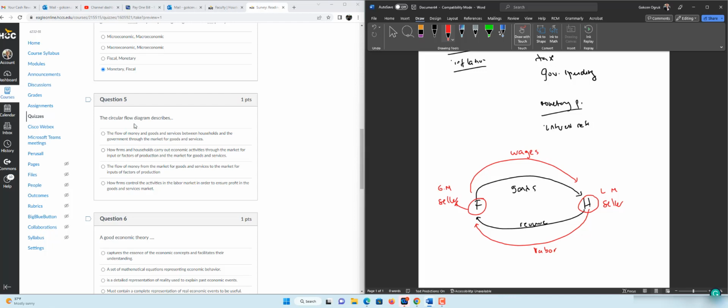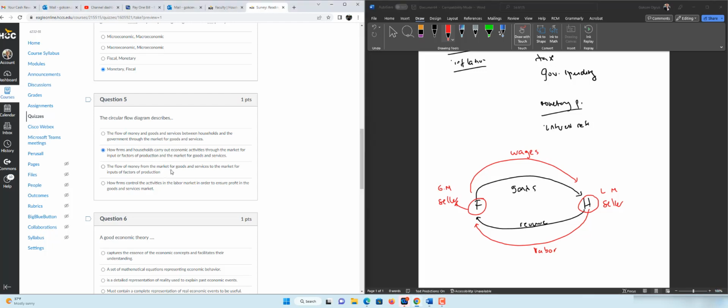The circular flow diagram describes the flow of money and goods and services between households and the government. No, that's not correct. It's between households and the firms. How firms and households carry out economic activities through the market for inputs or factors of production and the market for goods and services. That is actually correct.